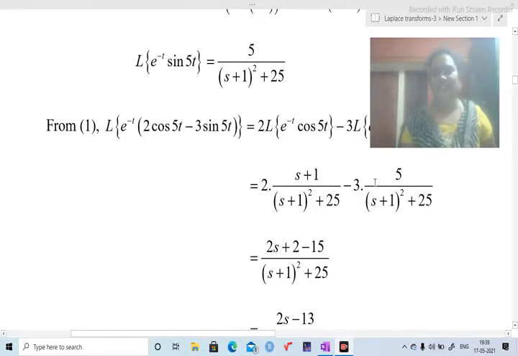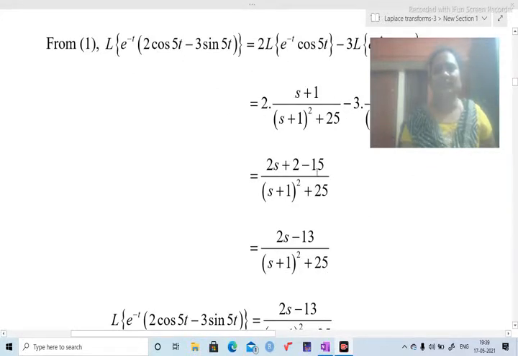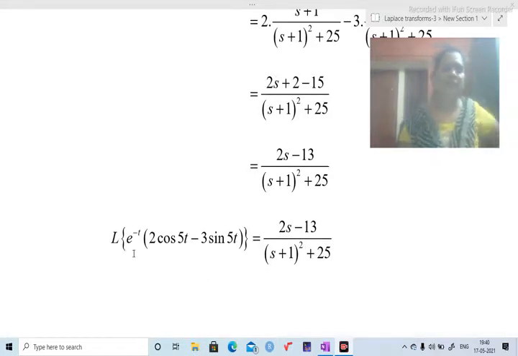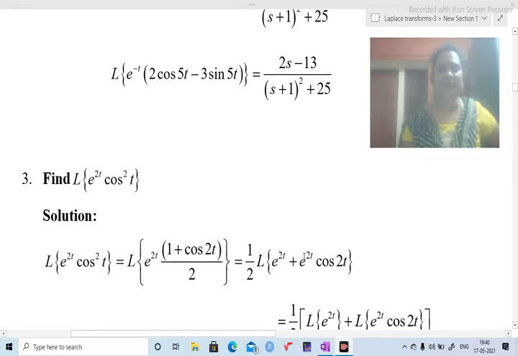Take LCM, then we are going to get s plus 1 whole square plus 25 as LCM. In the numerator, 2 times s is 2s, 2 into 1 is 2, minus 15. Subtract: 2 plus 2 minus 15 is minus 13. Therefore, Laplace transform of e power minus t into 2 cos 5t minus 3 sin 5t is equal to 2s minus 13 by s plus 1 whole square plus 25.